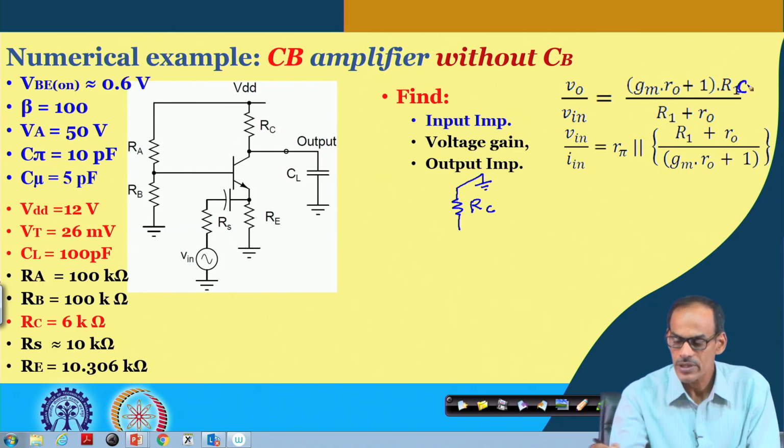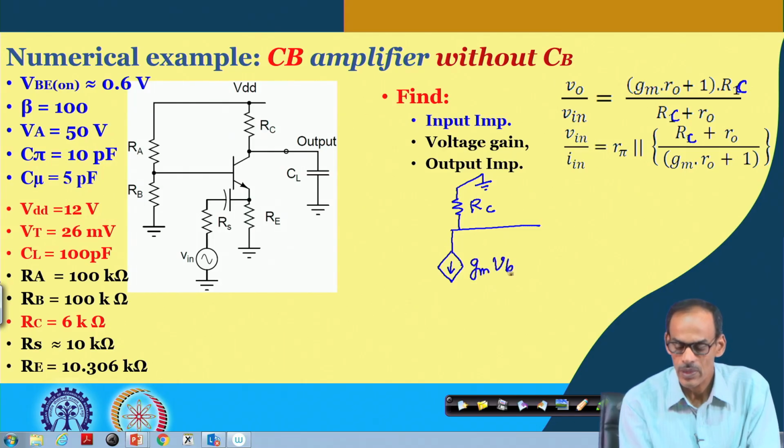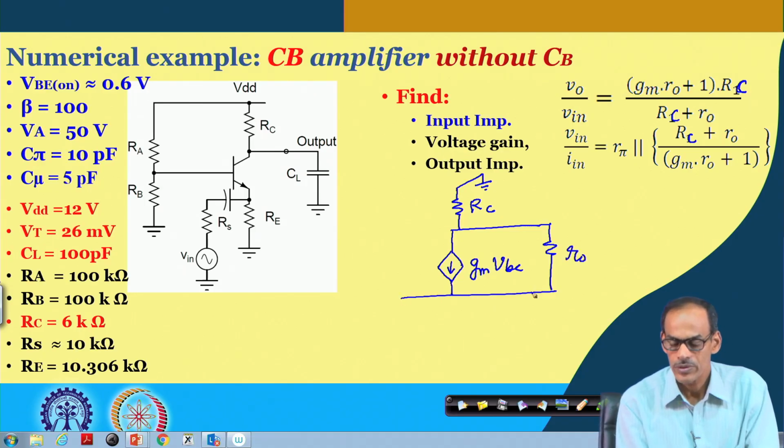This is Rc, this is also Rc, and here we have gm times VBE, a voltage dependent current source, and then of course we have the ro, and then we have the Re connected to ground.